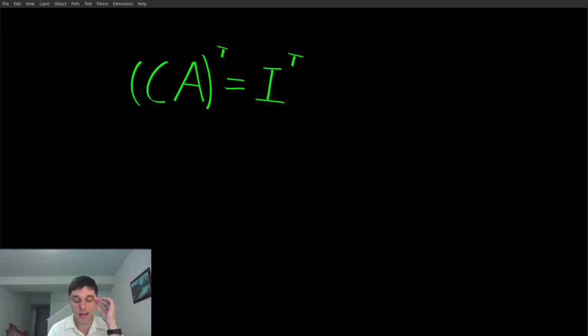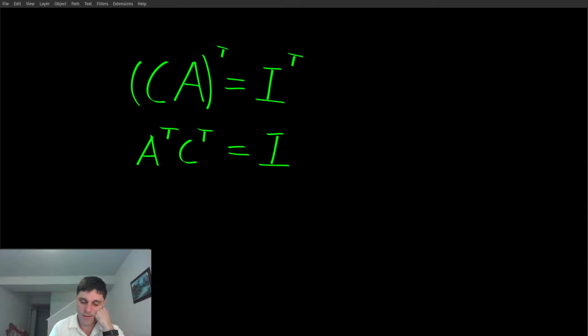I transpose is just I. And then (CA) transpose, remember your transpose rules, is A transpose C transpose, is equal to I, right? So that means that if C is a left inverse of A, then C transpose is a right inverse of A transpose, right?